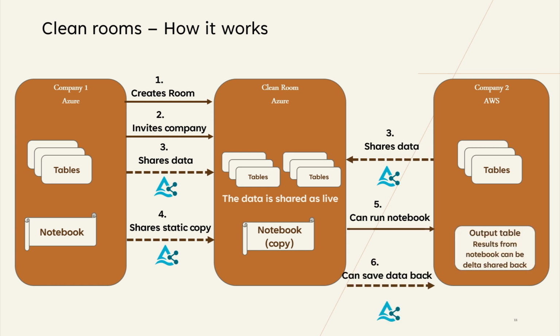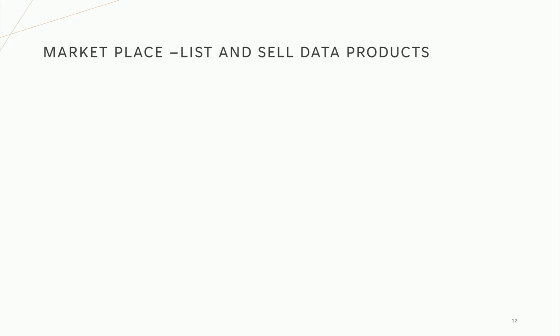So, perfect. Okay, so Marketplace. Marketplace is just a shop. It is where you can list whatever you want to sell or give away for free, depending on how kind you are. And it is basically data products.